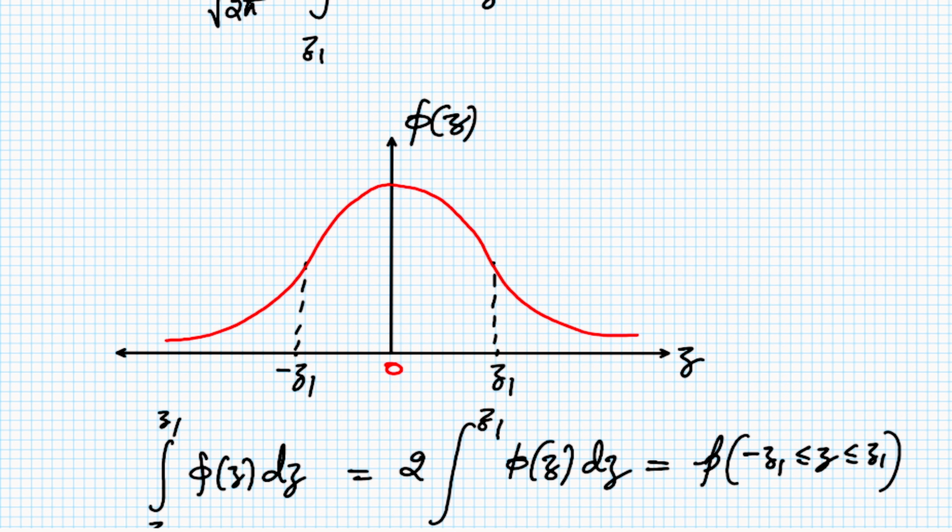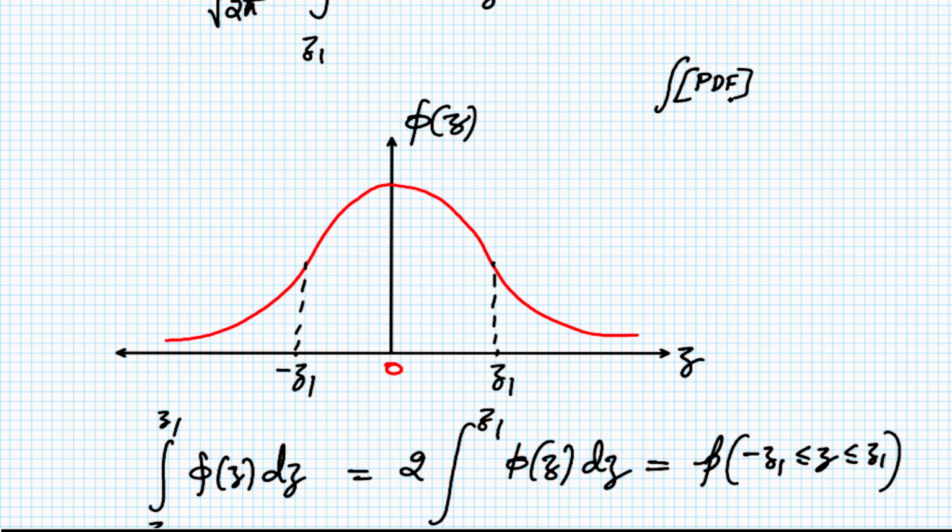Let me come back to what I was trying to tell here. This is a probability density function, so there is one very specific feature of a PDF. I'll write it in general, so I'm not writing any specific equation. The integration of a PDF is always equal to 1.